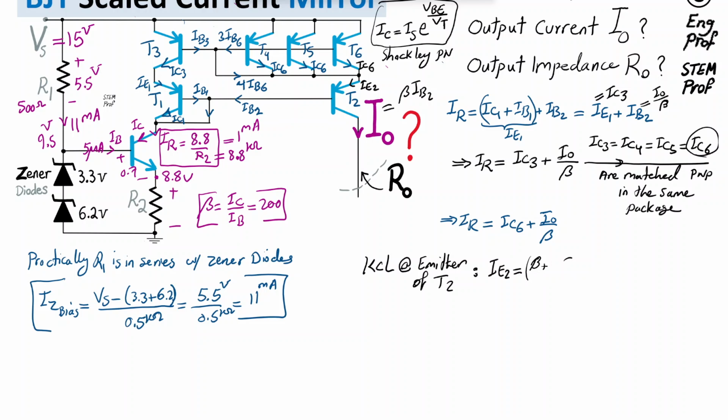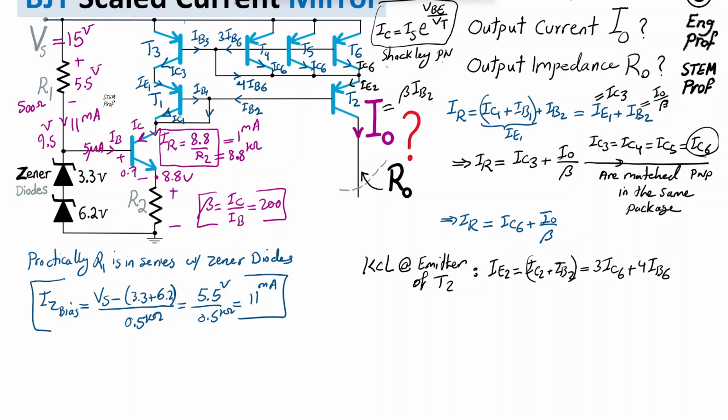That's just saying it is I collector of T2 plus I base of T2, by definition of a PNP transistor. And then IE2, by KCL at this node, equals 3 I collector 6, because there are 3 copies, plus 4 I base of transistor 6. This is one node in the circuit.